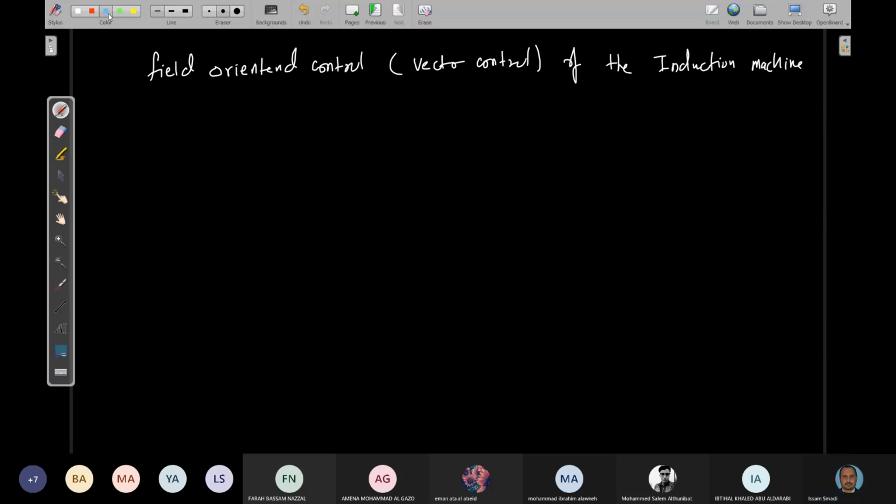Now, let's see. Let's assume that we'll start with the stator axis here. Let's assume this is the AS, and let's assume this is the BS, and let's assume this is the CS.